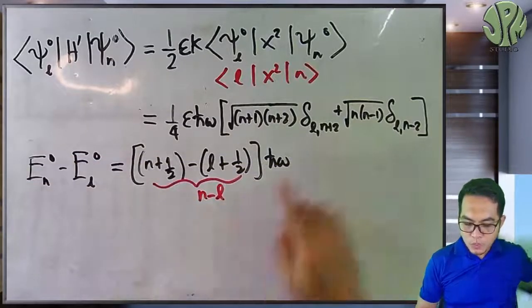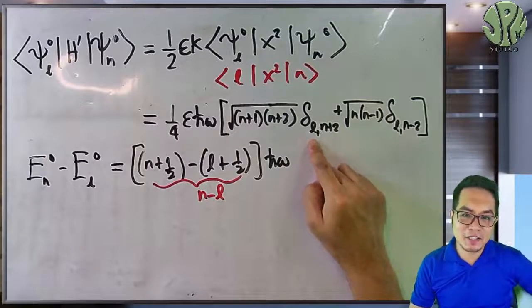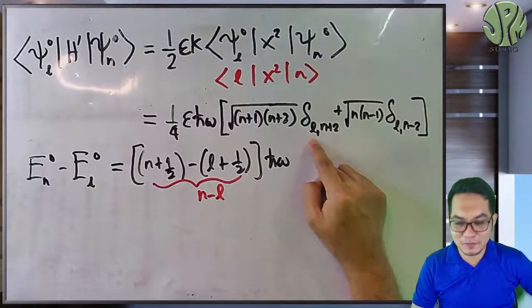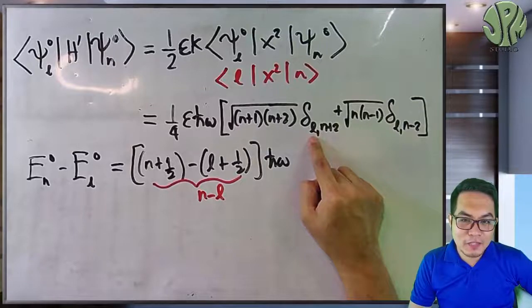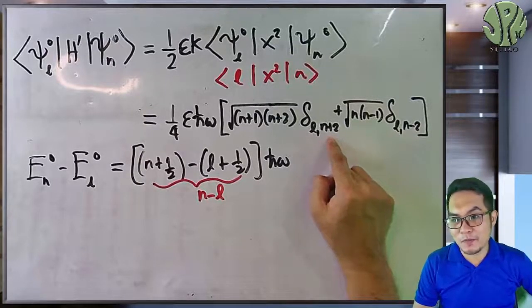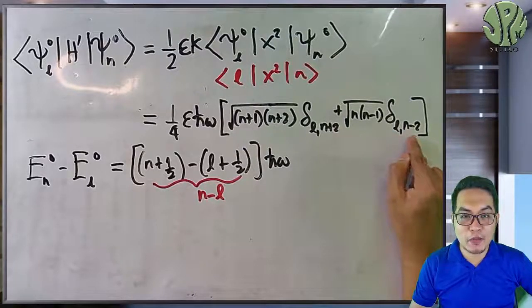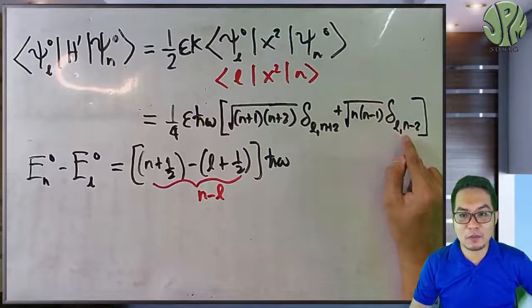Now, what is the square if your terms involve Kronecker delta functions? Take note, this Kronecker delta function is 1 if L is equal to n plus 2, and it is 0 if L is not equal to n plus 2. And the value of this other Kronecker delta is 1 if L is equal to n minus 2, 0 if L is not equal to n minus 2.